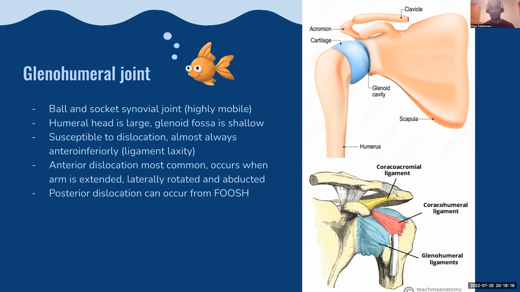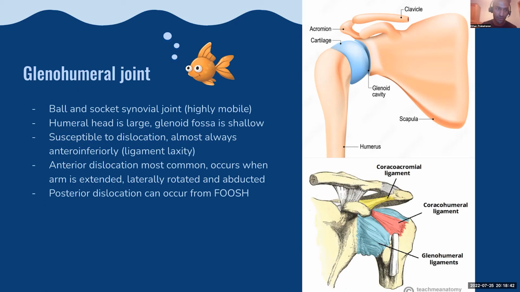One thing that's worth noting is the humeral head is really large and it's quite a shallow fossa. And if you think about what that implies, if you have a very shallow socket, you have a greater range of movement, but also less stability. When the socket is deeper, as is the case in your hip, you can move less, but it's also more stable.